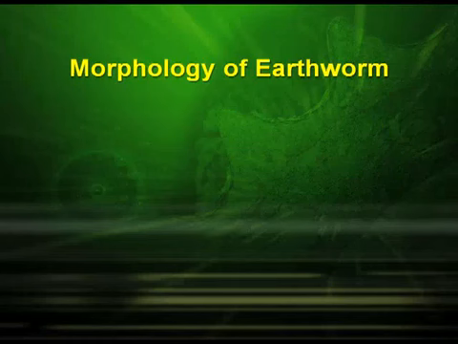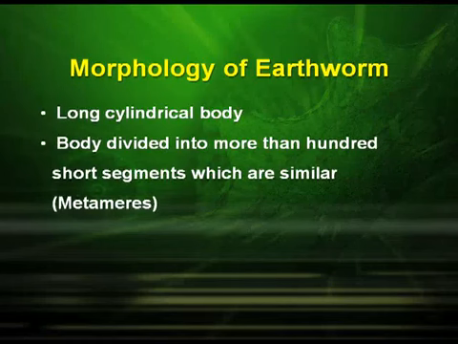We have dealt with morphology in the earlier chapters, that is the study of the external structure of the organisms, and anatomy, the internal structure of the organisms. Regarding the morphology of earthworm, that is how they look from outside, they have a long cylindrical body and the body is divided into more than 100 short segments which are similar, that is they are known as the metameres.